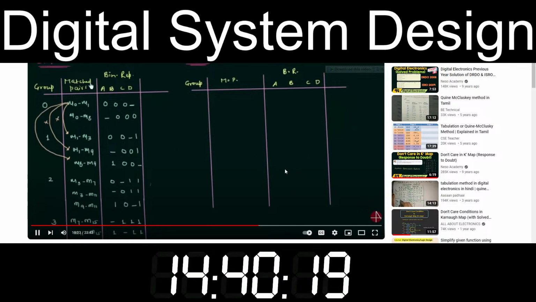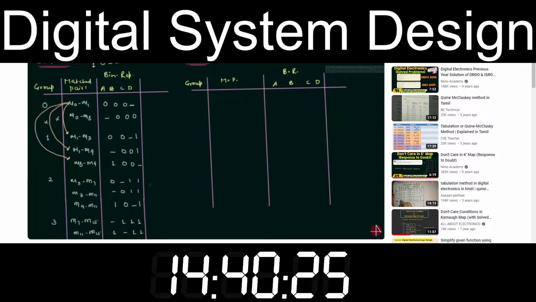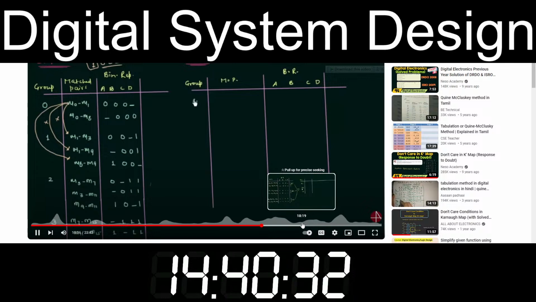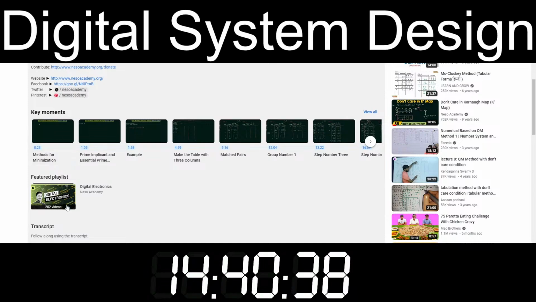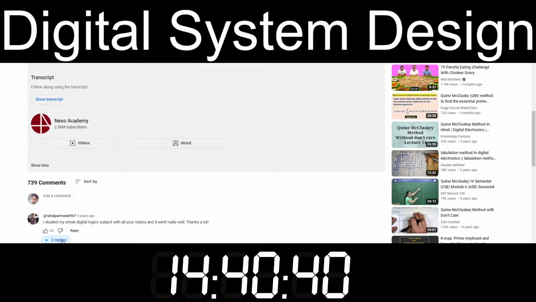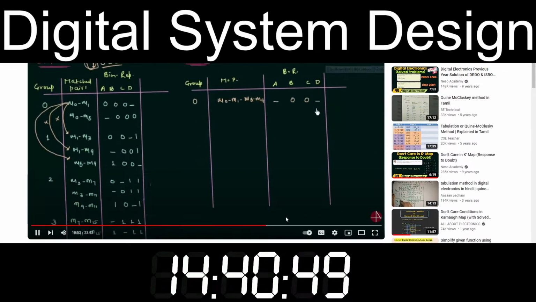M8 M9 is 1 0 0 underscore, and you can see we have only one variable changing, that is A. The rest of the variables are the same. So in group 0 we have M0 M1 M8 M9 as our matched pair, and the representation is going to be underscore 00 underscore.